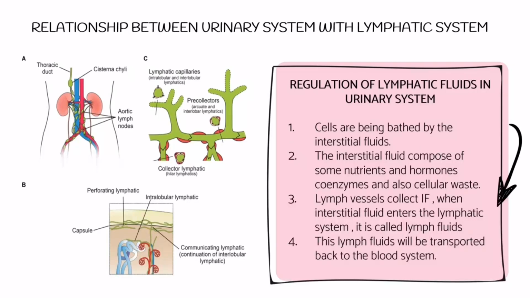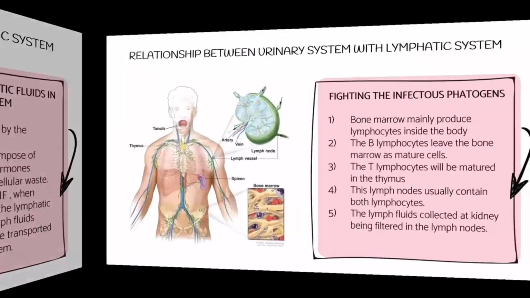The lymphatic fluid that is collected inside the kidney will be transported back to the blood system because this process will maintain the normal fluid level inside the kidney to prevent it from damage.